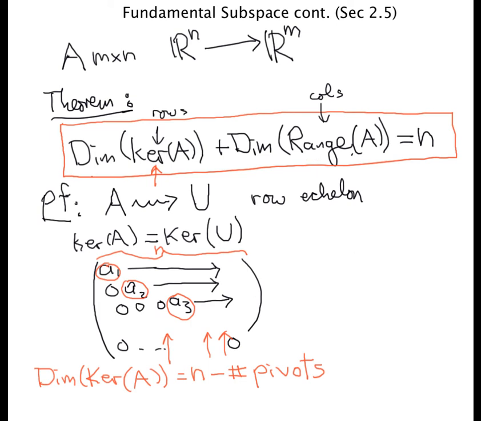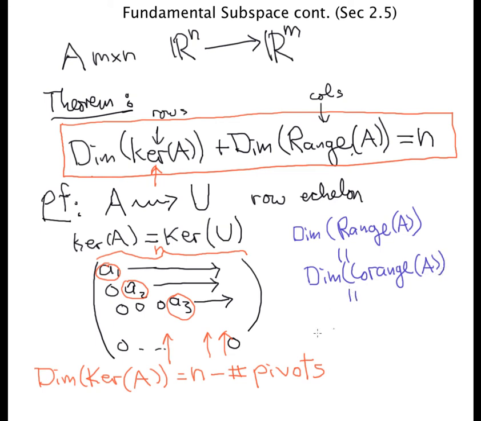But the key point is that the dimension of the range of A is, by the preceding result, the same thing as the dimension of the corange of A, and the dimension of the corange is the dimension of the row space of A. You take the rows of A and see the dimension of the space they span.